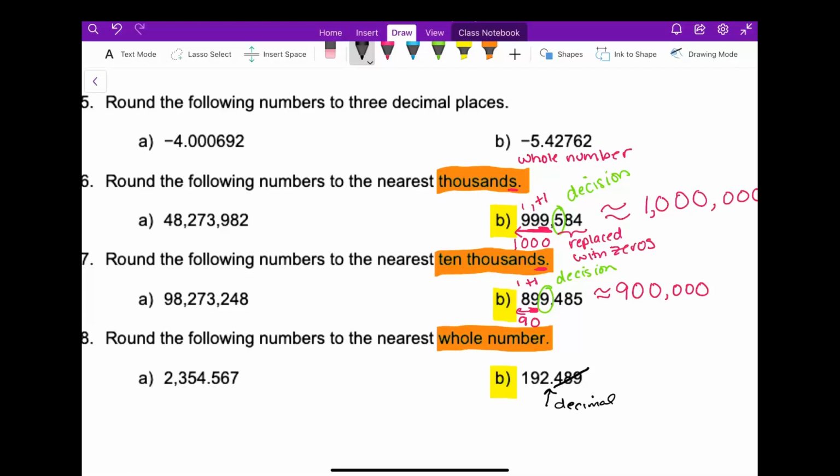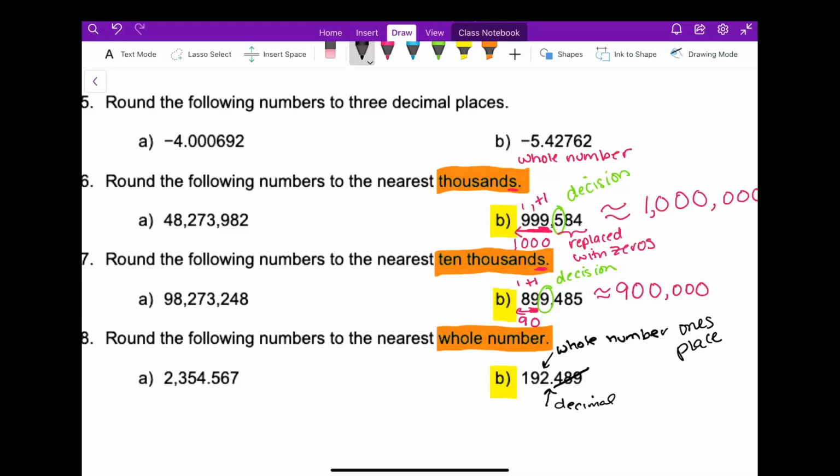And so this is our whole number. Our whole number is just saying, hey, get rid of the decimals, and in this case, we're going to the ones place. How do you know that? It doesn't say ones place specifically. It just says nearest whole number. That means drop the decimals.